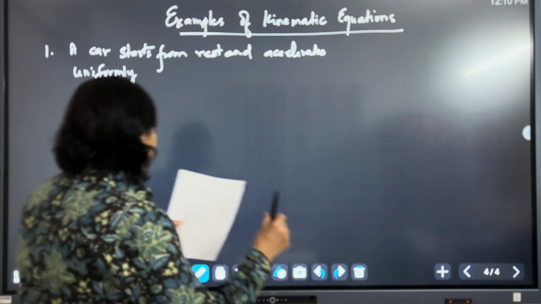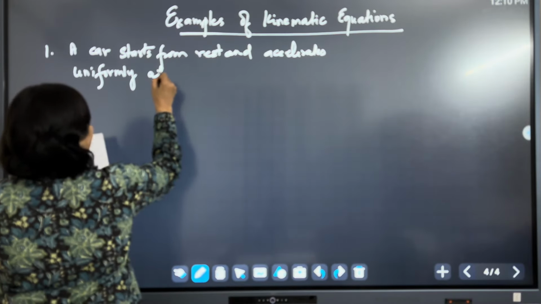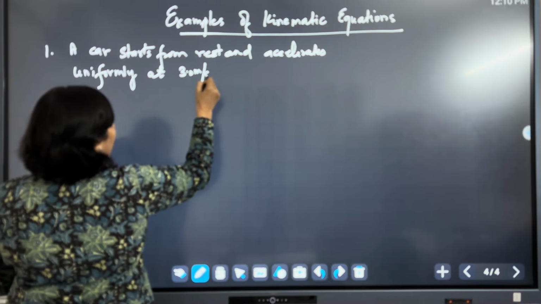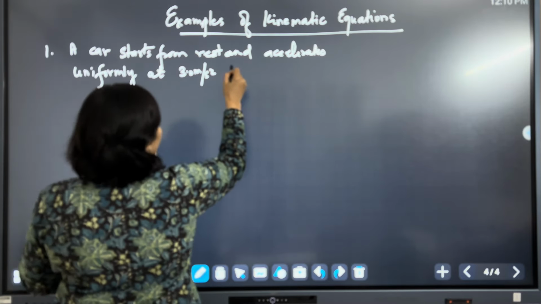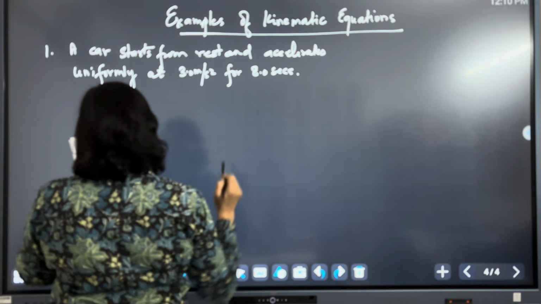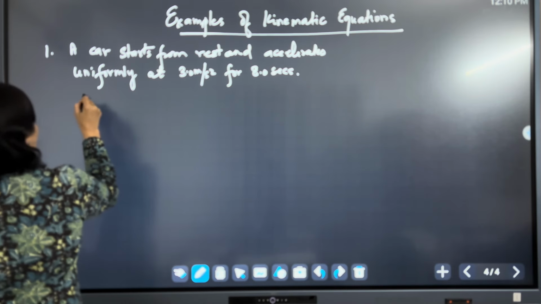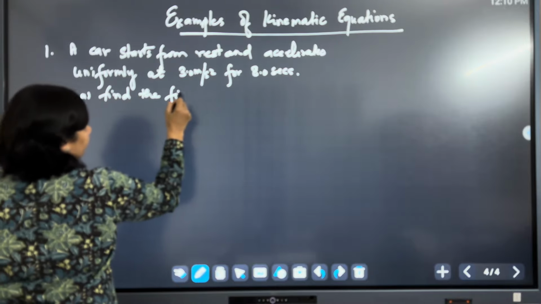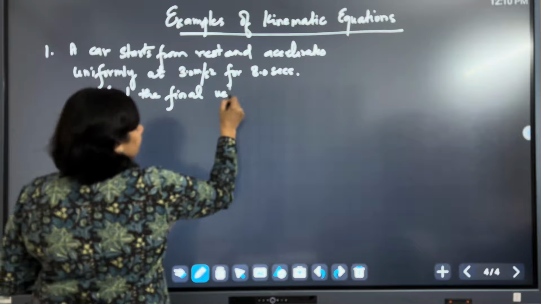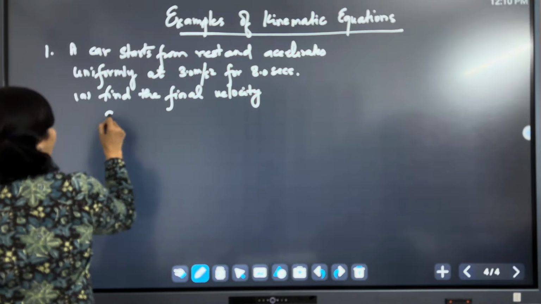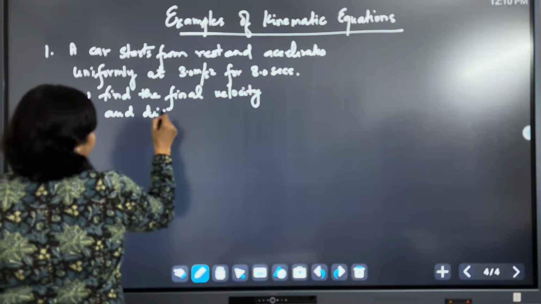Okay? Uniformly at 3 meter per second square for 8 seconds. Find the final velocity and displacement of an object.